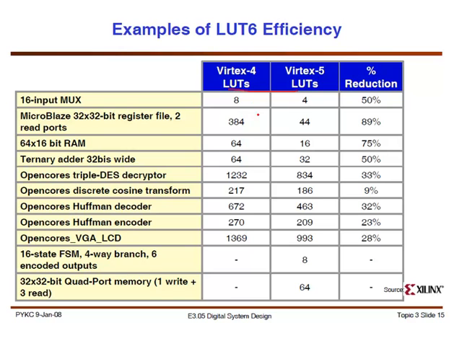This is the number of LUTs that you need to implement things like this. So if you need a 16 input mux, you would need 8 of the LUT 4, but only 4 of the LUT 6. And that's a reduction of 50% in terms of the number of CLBs essentially that you will end up using. And then they had MicroBlaze and DES decryptor and so on and so forth.